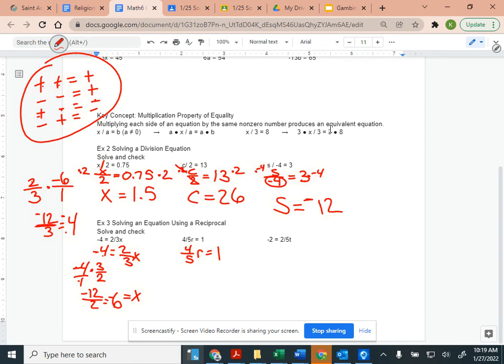Divide. So I'm going to divide by 4/5. Now how is that going to look? Remember, dividing by 4/5 is really multiplying by 5/4.